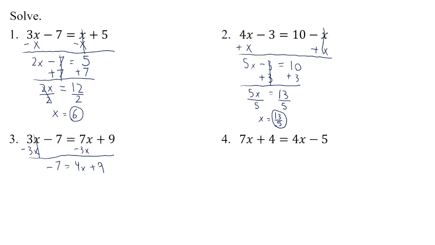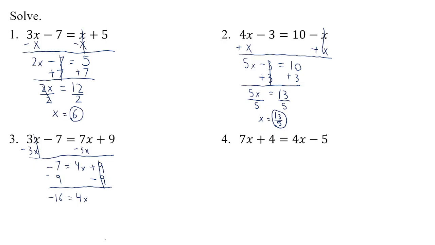So again, we come up with a two-step equation. Let's solve it. We see addition, and the opposite of addition is subtraction. Therefore, we subtract 9 from this side, and we subtract 9 from this side. Negative 7 and negative 9 is negative 16. Bring down your 4x.